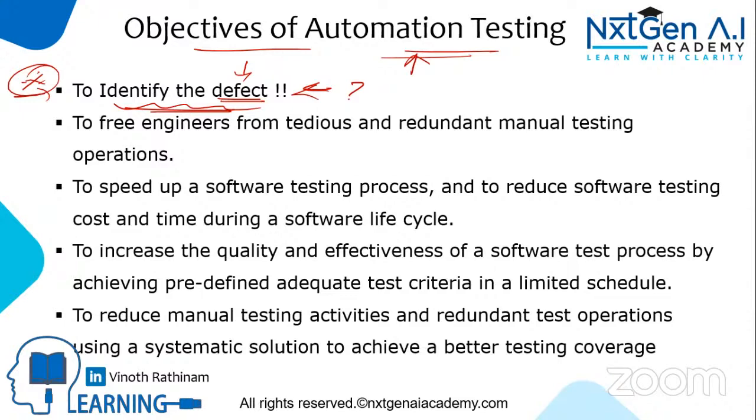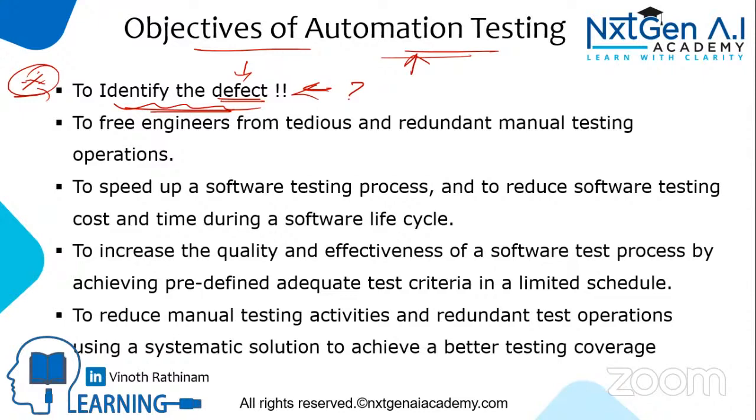So you will be playing the role of both manual tester and automation tester. If you still don't have an idea about manual testing, then after Roadmap 1, Roadmap 2 is for manual testing. At that time, attend the sessions and try to understand the importance of manual testing.